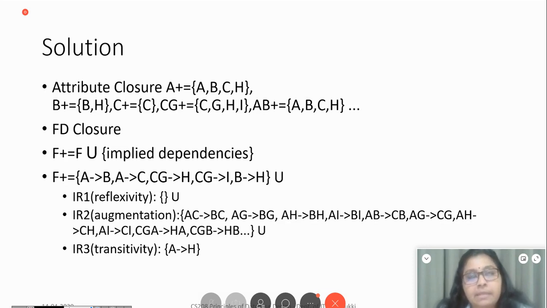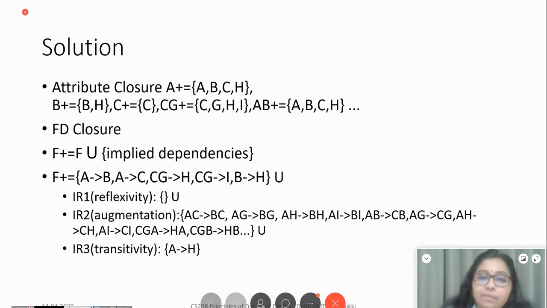Okay, all the possible FDs that we can derive from the original FD set, we derive using the inference rules. And then the attribute closure you find will give you all the possible attributes that can be determined from this original attribute X. Given X, what are all the attributes that can be determined from it, corresponding to this FD closure set F plus. Okay, so that's the relation between the FD closure set and the attribute closure set.